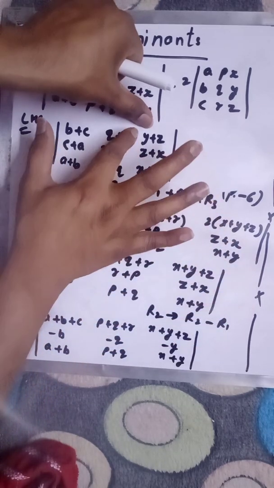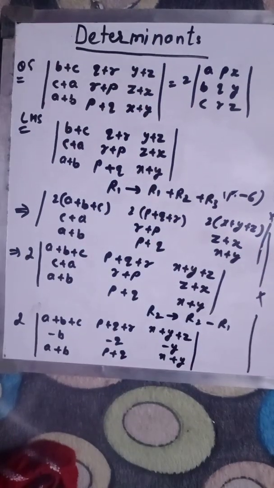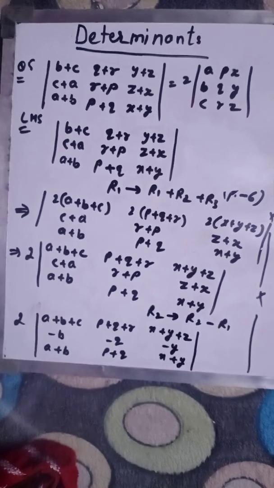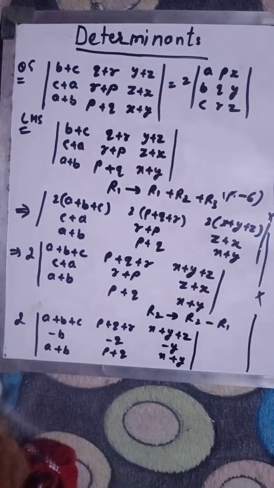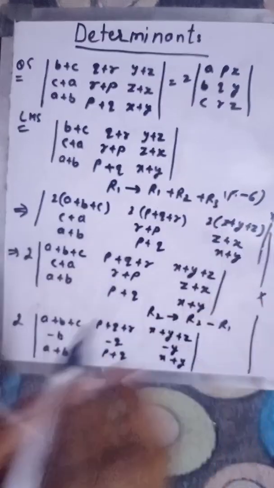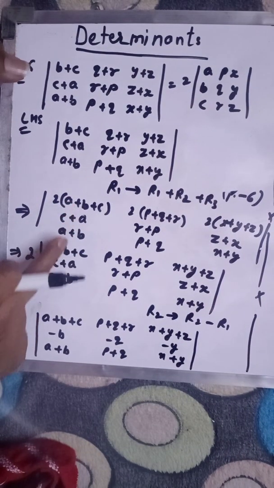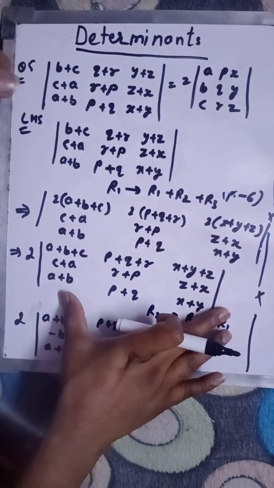And again, when you add this plus this plus this, you will get this. The second row and third row will remain the same; you have to just copy them. This is a positive sign. Now I'm taking 2 as common, so the same you have to copy. We are just taking it common from this whole determinant.